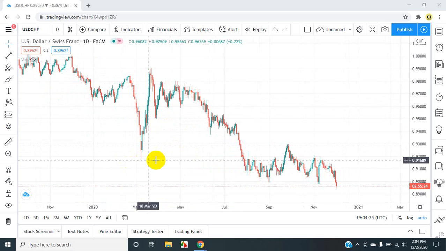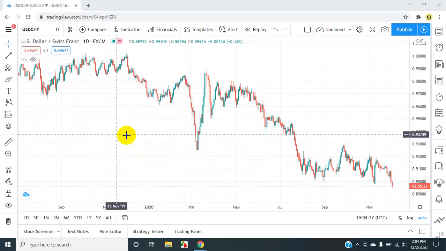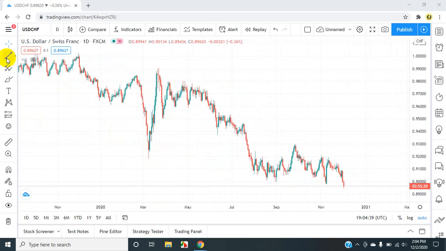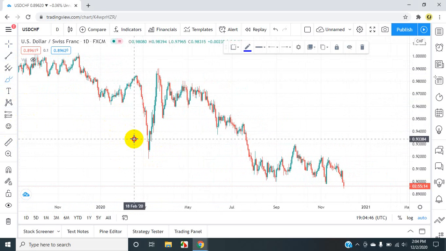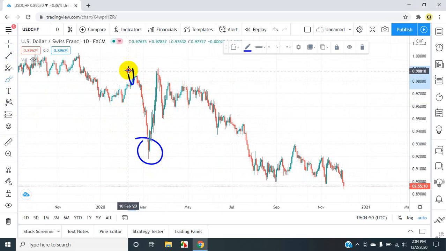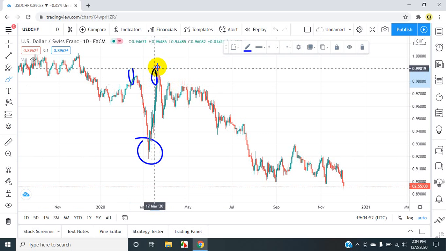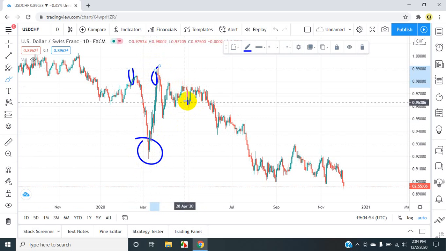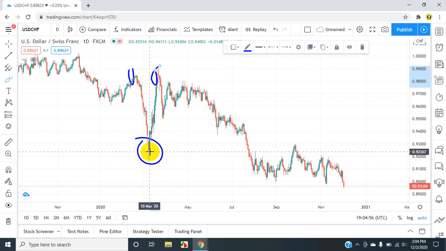So looking at this area here, I'm going to show you guys something. If I was going to take this trade, I could identify certain moves in the market. This area here, this area here, this area here, I could identify what this market was going to try to do. If you see this area here, this is the lowest low.